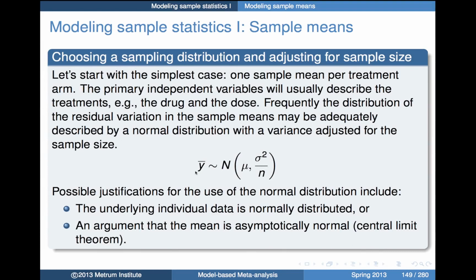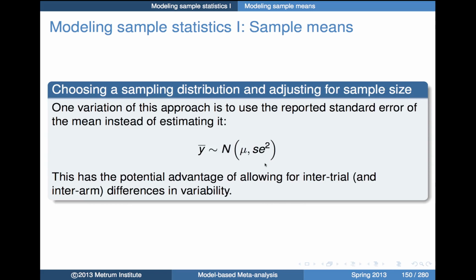We're going to describe our sample means as samples from a normal distribution with some mean, where that mean is possibly a function of a number of things, including drug treatment and maybe mean patient characteristics. And then we've got our measure of uncertainty in that mean, our standard error. Initially we'll do an example where, like this one, we estimate the parameter sigma squared, which characterizes that uncertainty.